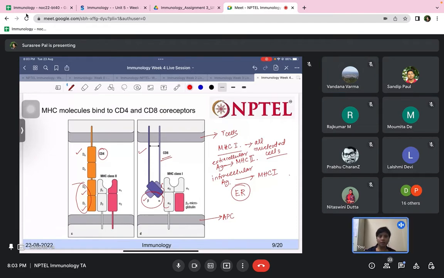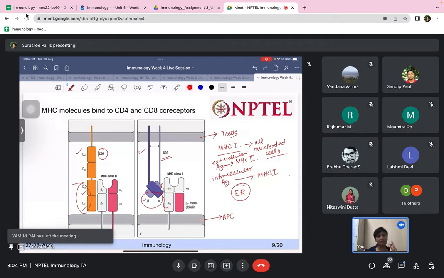So in all the body cells, whenever there is a viral infection, the virus has gone inside the cell and is producing its own proteins in the host cell's ER. In this ER, a part of these proteins will bind to the MHC class 1 molecules, and then they will be expressed on the surface of all nucleated body cells.